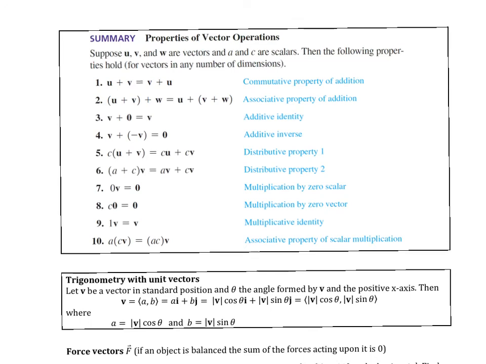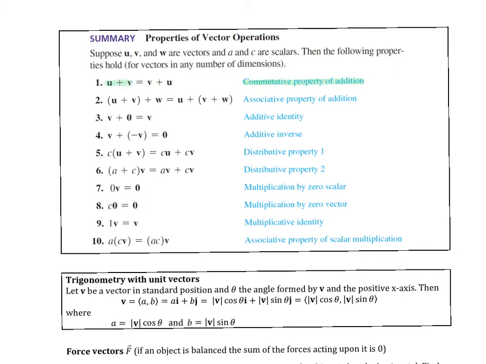So what we're going to talk about next is just a summary of all the properties with vectors, and they're similar to the properties that we have for real numbers. So in property 1, we have a commutative property of addition. So commutative just means order doesn't matter.